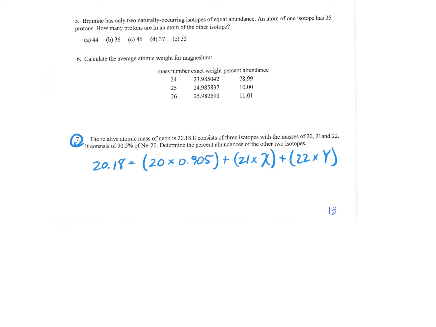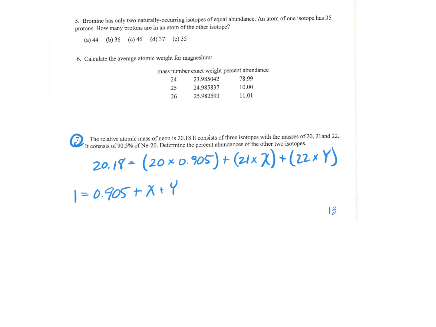Now, this is the mass number again, but this is the best information that we're given, so we're going to use the mass number since we're not given the actual atomic mass. So we're going to take 20 times the relative abundance, and we're going to take 21 times the relative abundance of 21, which is X, and the relative abundance of 22, which is Y.